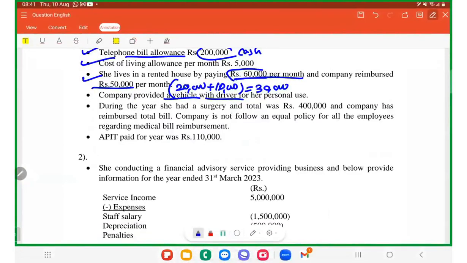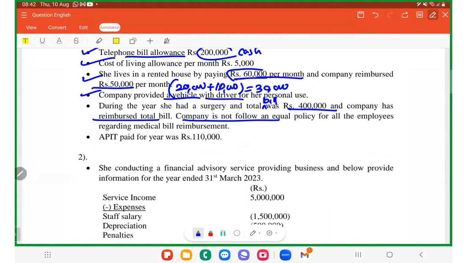She had a surgery and the total bill was 400,000 and the company has reimbursed the total bill. The company does not follow an equal policy for all employees regarding medical bill reimbursement. My dear students, if the company does not follow an equal, common policy, then the reimbursed medical bill you have to take as employment income.